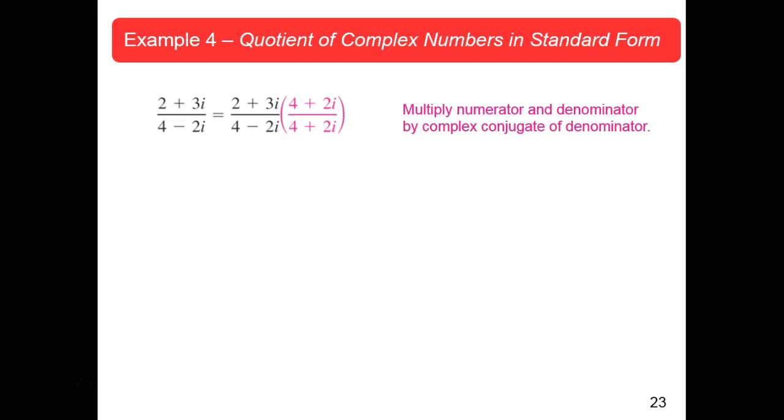And what was the denominator? 4 squared is 16 plus 4. Well, 2 minus 2i times positive 2i is minus 4i squared. i squared is minus 1, so it's plus 4. 16 plus 4 is 20.